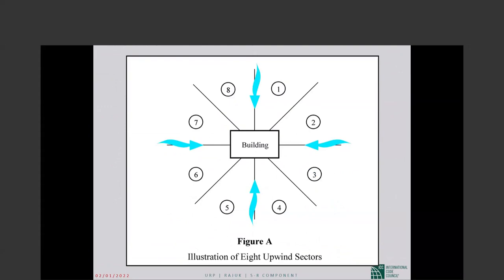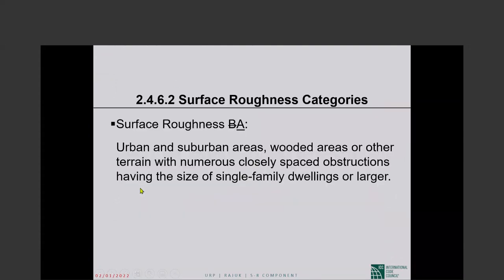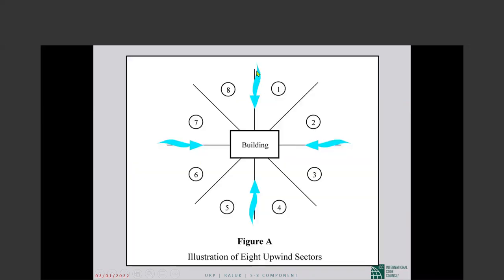AC7 is now telling you that if the direction of wind is from bottom to top in the picture, I'm sorry, then you will consider segments 1 and 8 and look at the roughness of the terrain, and whichever segment has the rougher terrain will give you the roughness category, not the exposure category for that direction of wind.